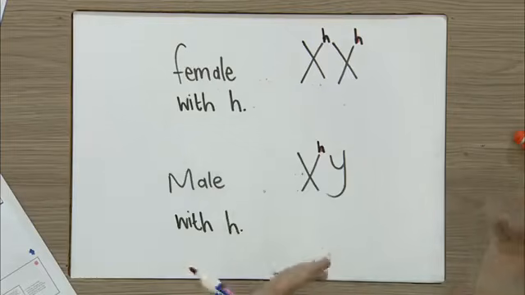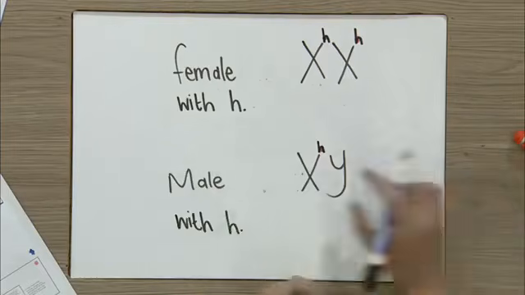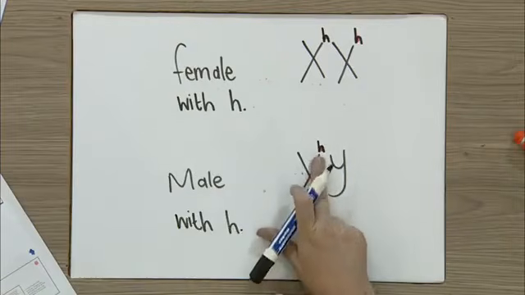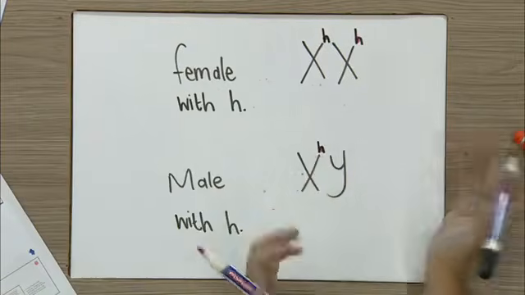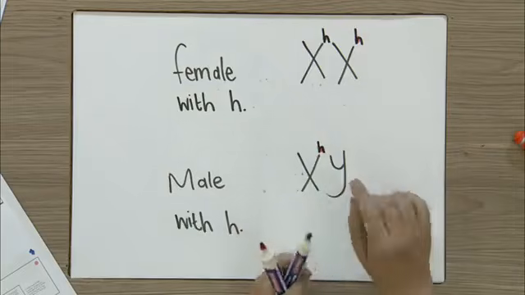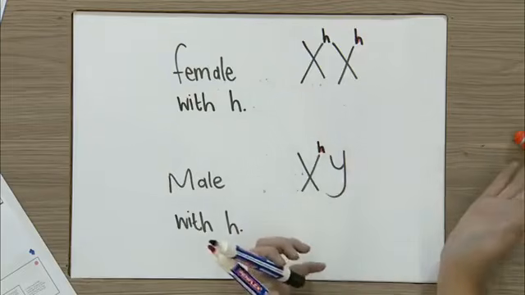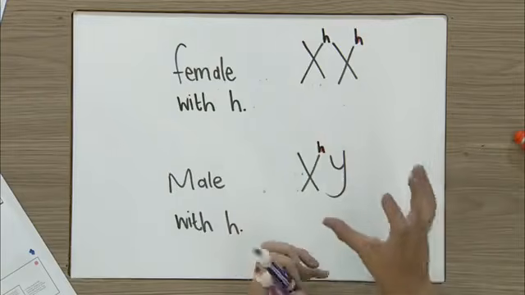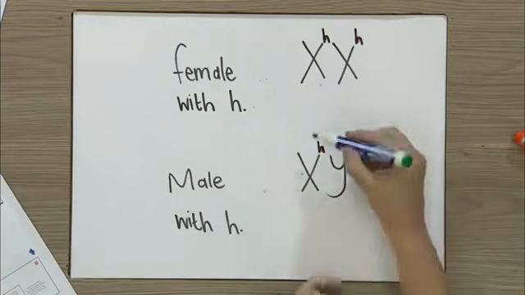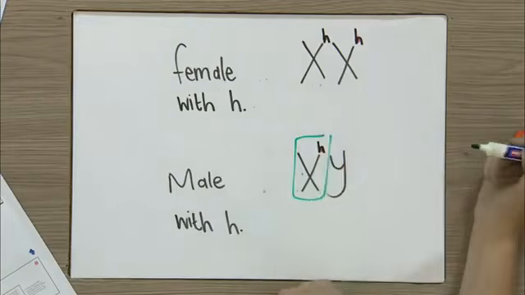This is a man that is affected. If that man didn't receive that allele, then he would be perfectly healthy. Because this condition is sex-linked, it is linked specifically to the X chromosome.